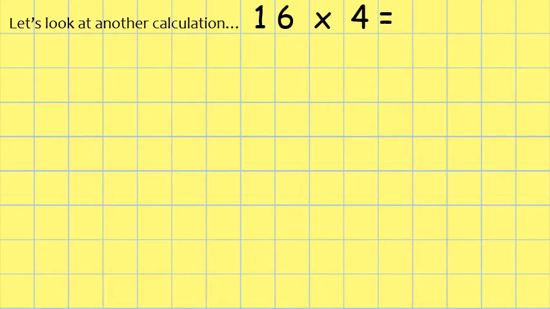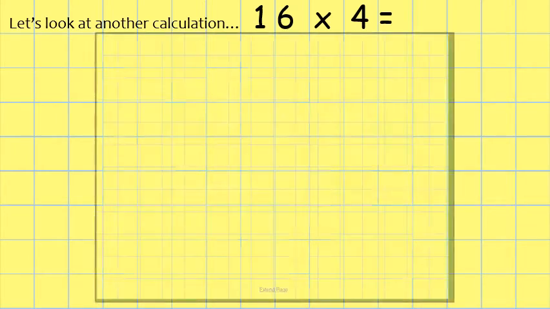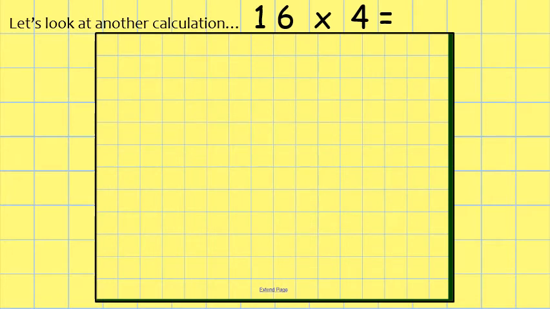Let's look at another calculation. The next example we're going to have a go at is 16 times by 4. And I'll write it here just to keep it out. So 16 multiplied by 4. I'm not going to do the expanded column one this time.